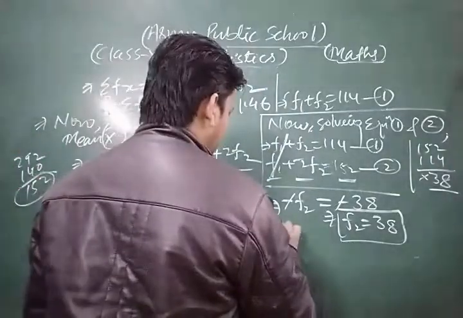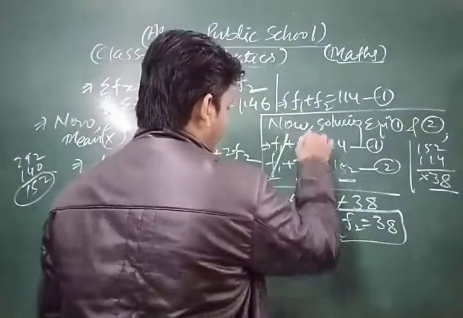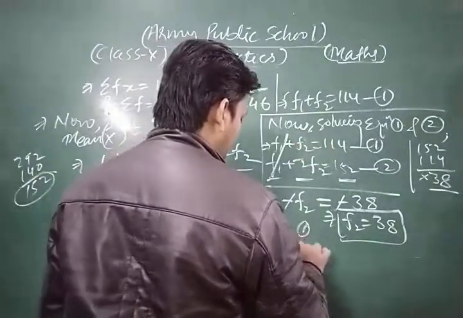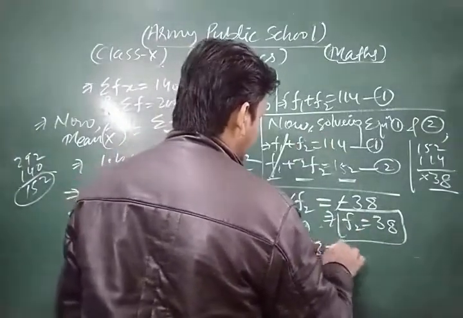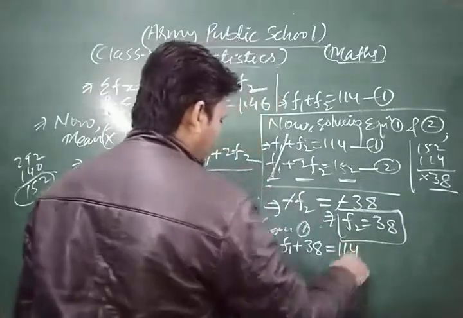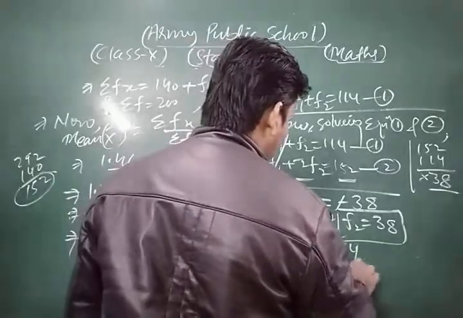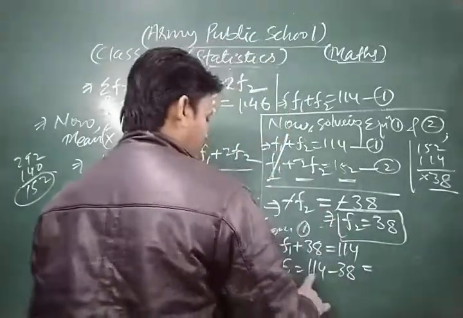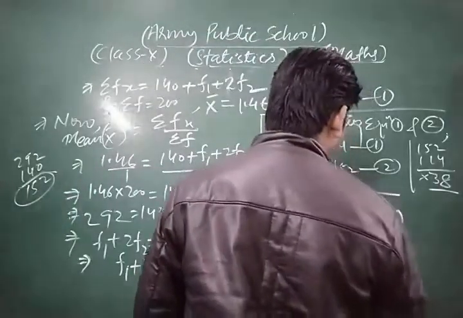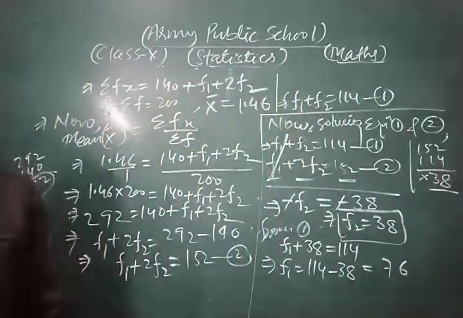From equation 1, put the value of f2 as 38. So f1 should be 114 minus 38, which is 76.